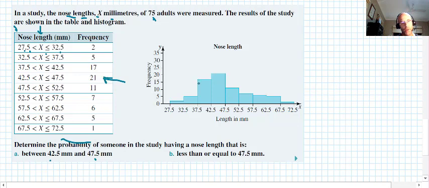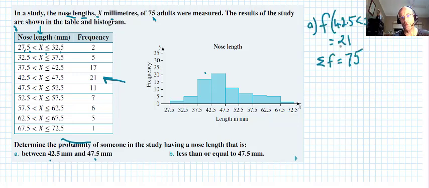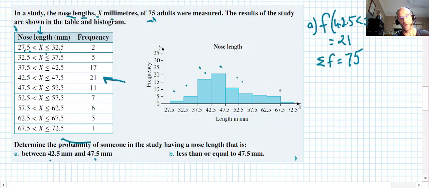So the corresponding column goes up to 21, so we're going to use that 21. That's how we write it there. And then we know that the sum of all the frequencies is 75.